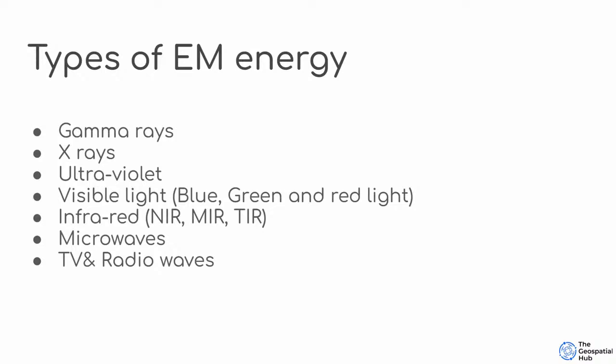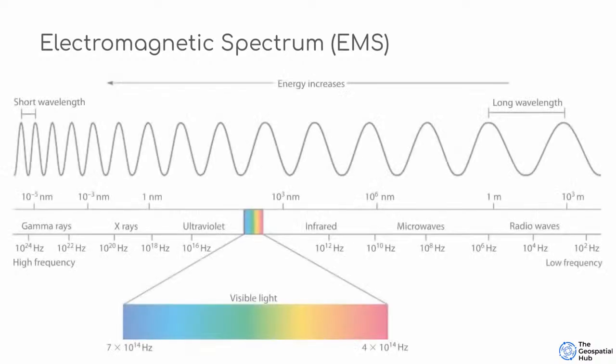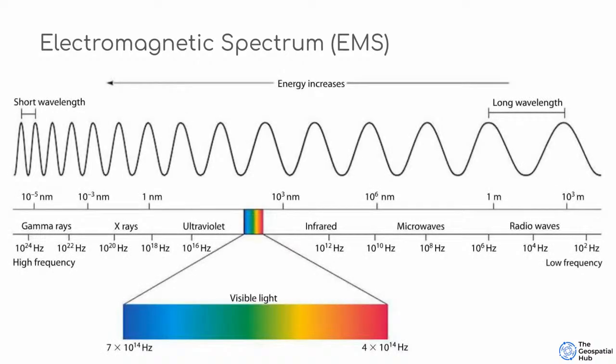Just to show everything I've said so far in a way we can understand diagrammatically, let's move to the next slide. Let me just show the image. We have different energy levels or regions within the electromagnetic spectrum.